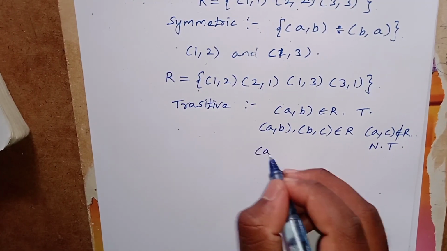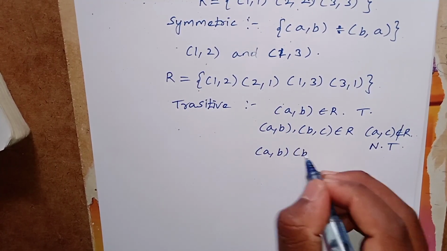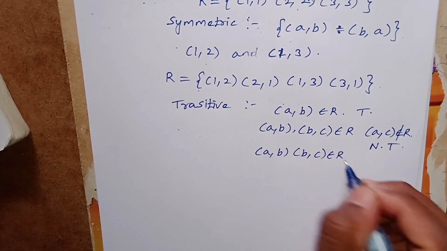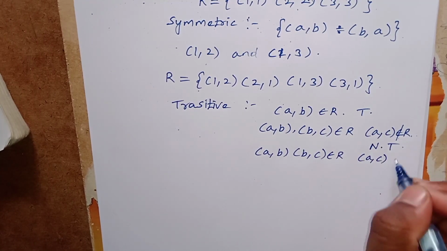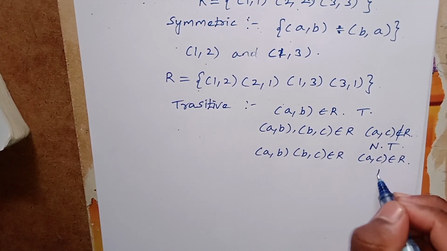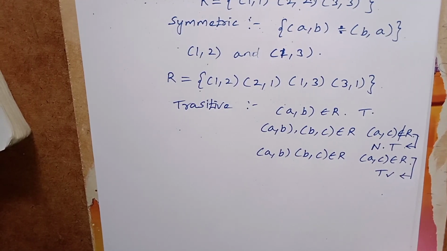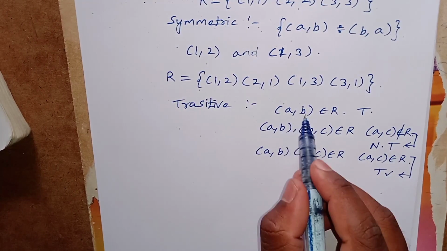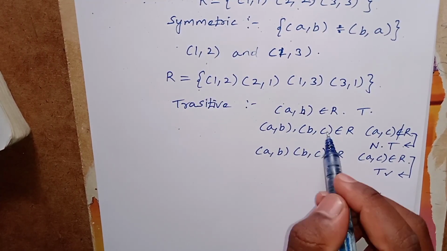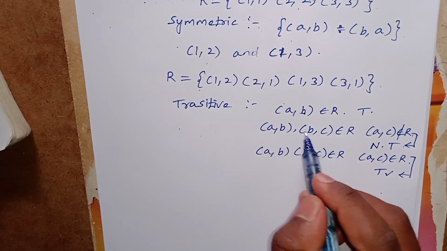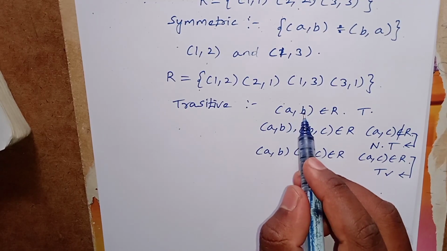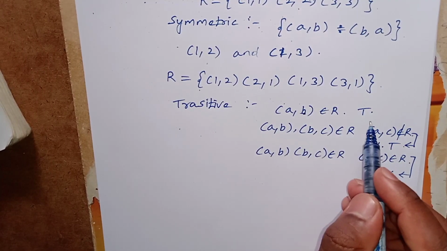If (a, b), (b, c) belong to R and (a, c) also belongs to R, then it is transitive. If only (a, b) is present and there is no comparable term (b, c), then it is transitive.